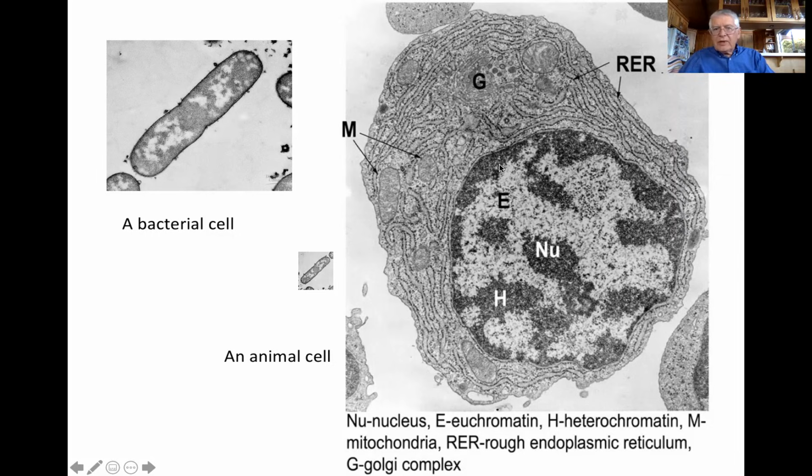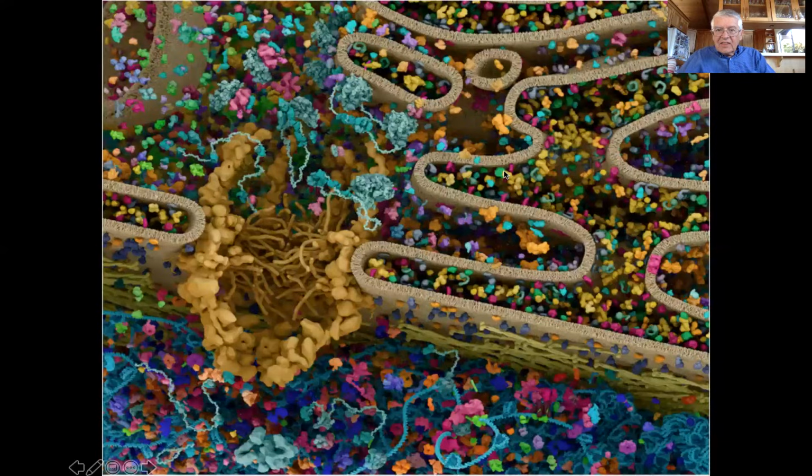So if we had a powerful enough microscope, they only exist in science fiction, unfortunately, and we just zoomed in on this little piece here where there's a pore in this double membrane that allows this part of the cell to communicate with the nucleus, it would look like this.